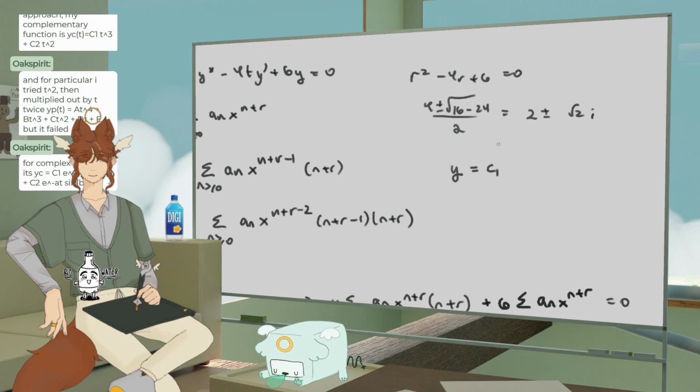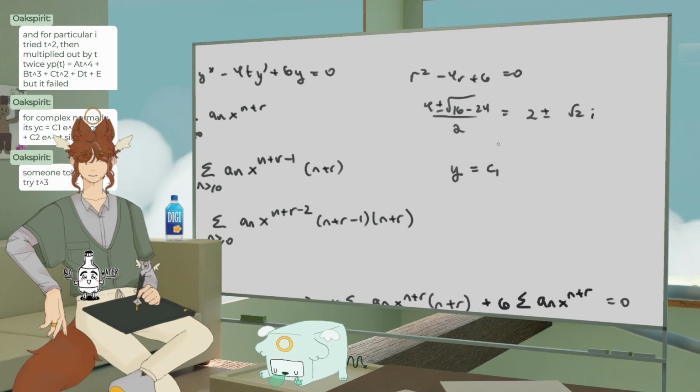Wait, why did you try to do the t then? You just multiply by that. Oh, when you plugged it back in, it didn't work or something? It should work. Someone told me to try t cubed. Why did they tell you to try t cubed?